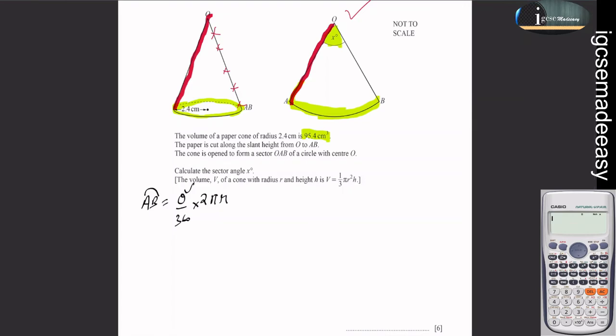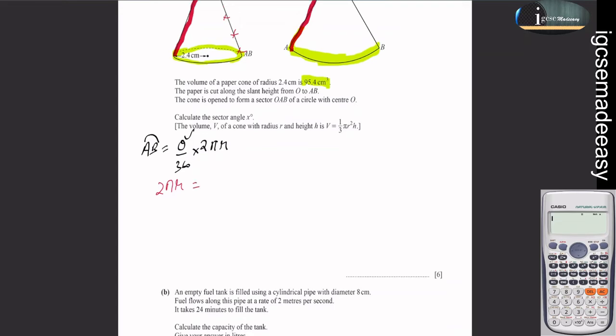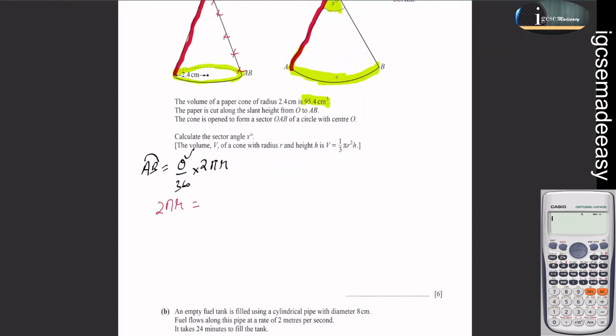What is arc length? Theta by 360 times 2 pi r. We can use this formula: 2 pi r is the circumference of the circle. Let's find out what AB is.